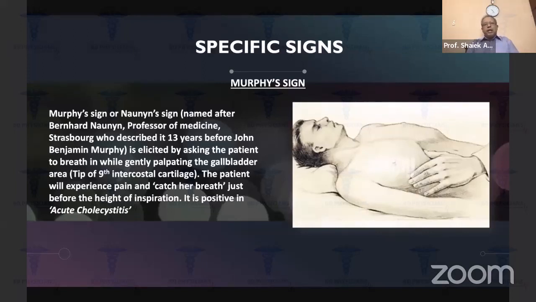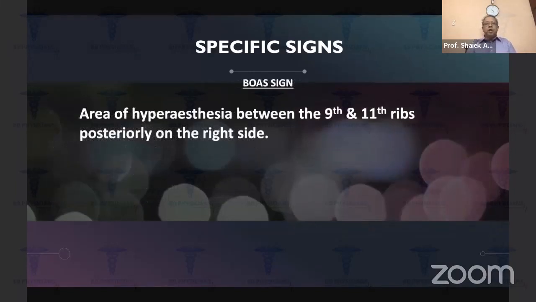When you press at that area and ask the patient to take a deep breath, the patient will experience pain and catch her breath just before the height of inspiration. It is positive in acute cholecystitis. So this clinical examination is very important for all students. In Boas sign, there is an area of hyperesthesia between the 9th and 11th ribs posteriorly on the right side.